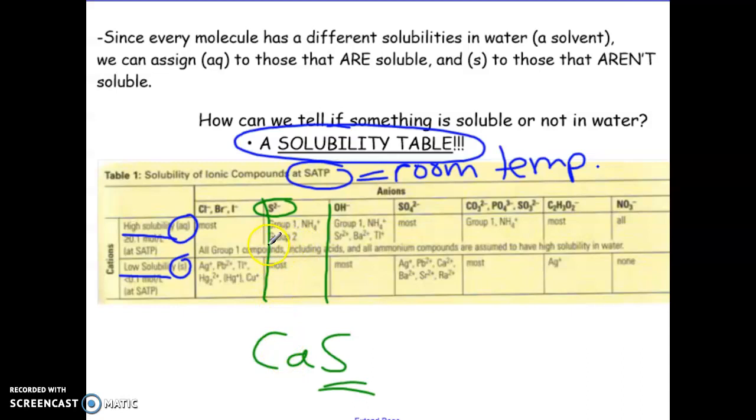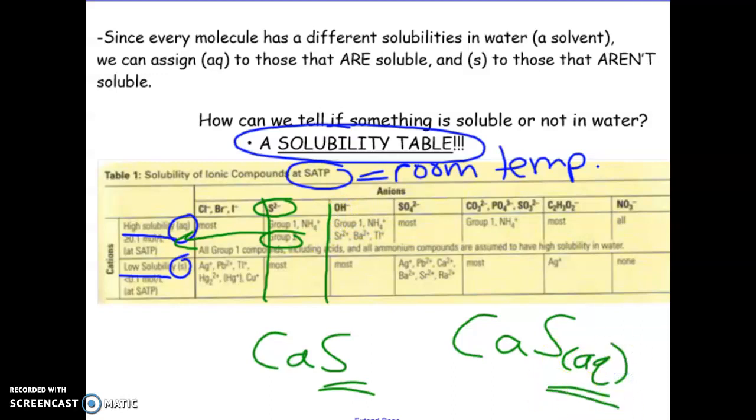Calcium is in group 2. So what that means is now I'm in this top row. That indicates that I have high solubility. So whenever I'm writing out CaS in a chemical reaction, I'm going to put the AQ symbol.